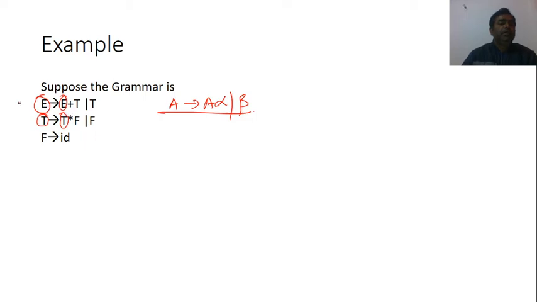Now you can see if this is A, this one is A, this one becomes alpha and this one becomes beta. So our first production after removing the left recursion can be written as E raised to T E prime, and E prime raised to alpha, that is plus T E prime or empty.